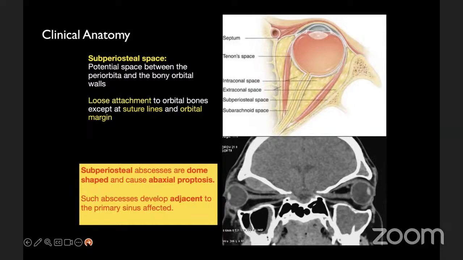So that is why classically when you have a subperiosteal abscess, it contours along the bone, and classically it is dome-shaped. This is why it can cause an abaxial proptosis, because A, it is in the extraconal space, and B, when it is a superior subperiosteal abscess, it pushes the globe down, and that is how it contributes to abaxial proptosis.